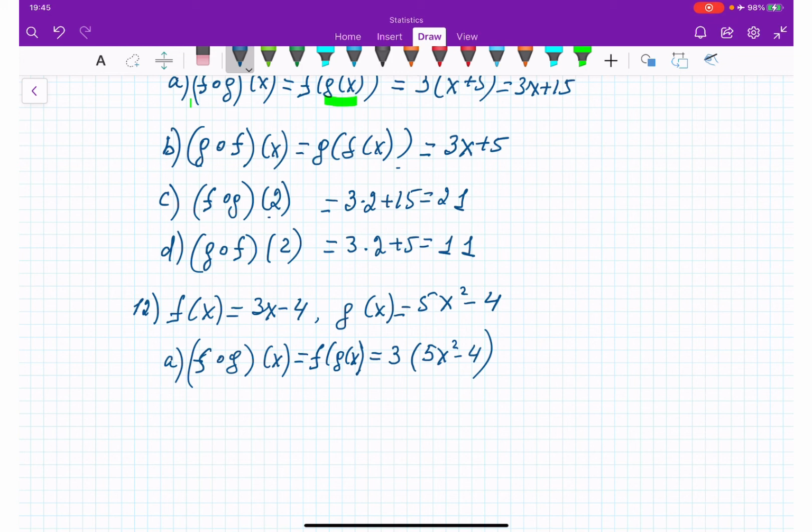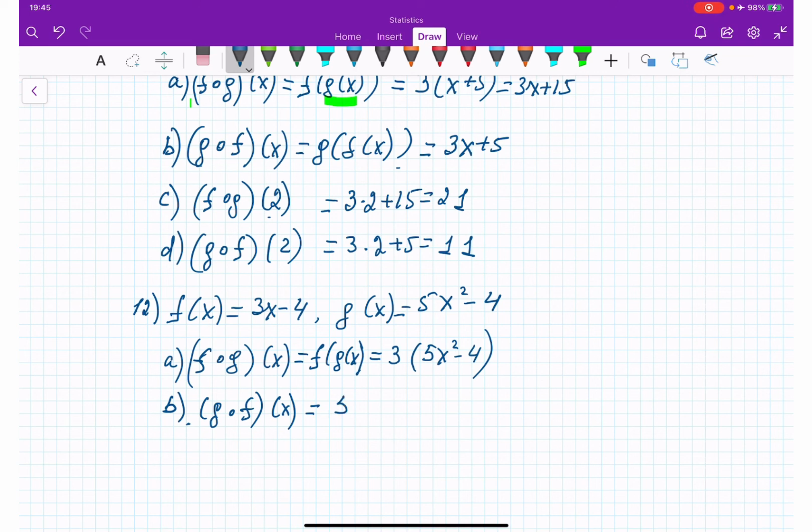B, the composition of g with f. So now we're going to do the g with f composition. Where is my g of x? It's 5x squared minus 4.